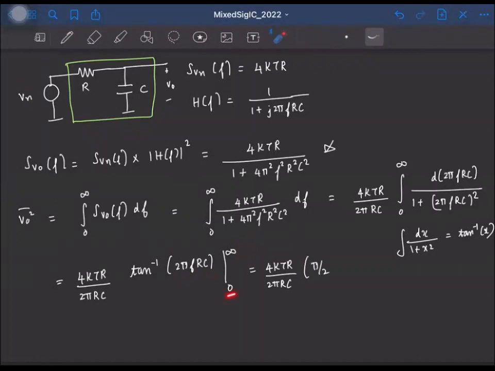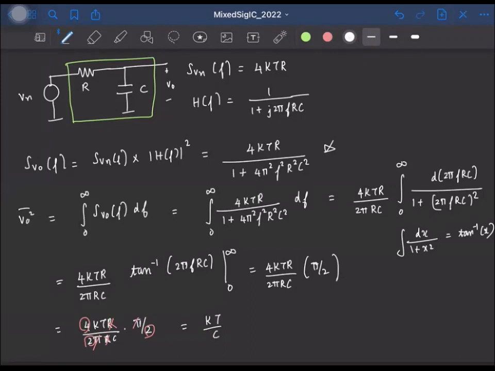And when f is 0, I mean when this quantity is 0, tan inverse of 0 is 0. So I just get pi by 2, right? So this simplifies to 4kTR by 2 pi RC into pi by 2. So this pi goes off, 2 times 2 cancels with 4, and R gets cancelled, right? So finally we end up with kT by C.